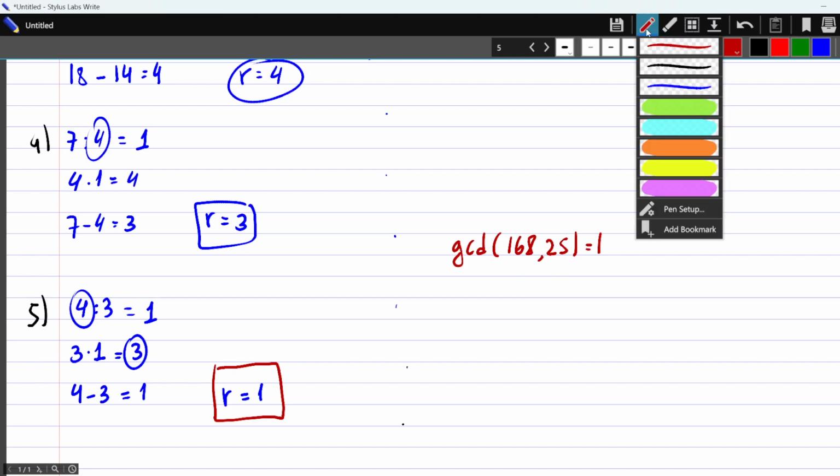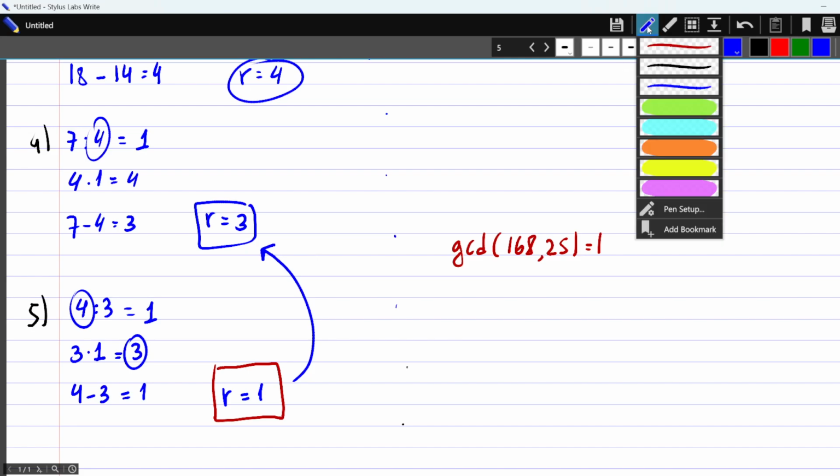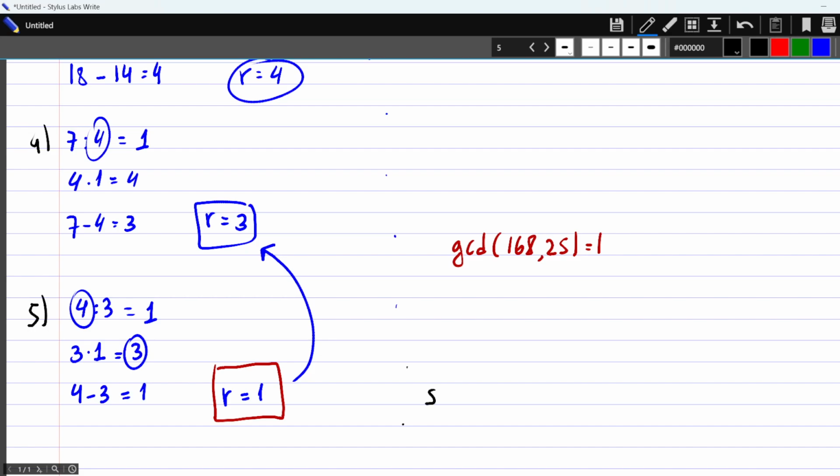But if you had found that the remainder here was 0, then you would go to the previous one and the GCD would be 3. I'll give you an example in the next video where the final remainder is 0, so we stop, and the GCD is the previous remainder. Here is exactly where we stop.